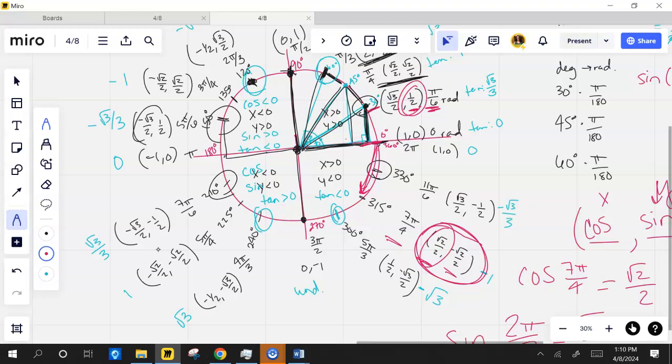So think about it, as you click around, you're at 0, half a pi is up top, a whole pi, and then 1.5 pi. So 3 pi over 2 is straight down, so it's 0. How about the tangent of 7 pi over 6? That's right.